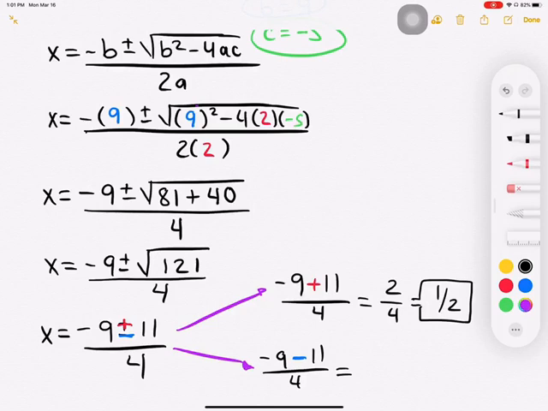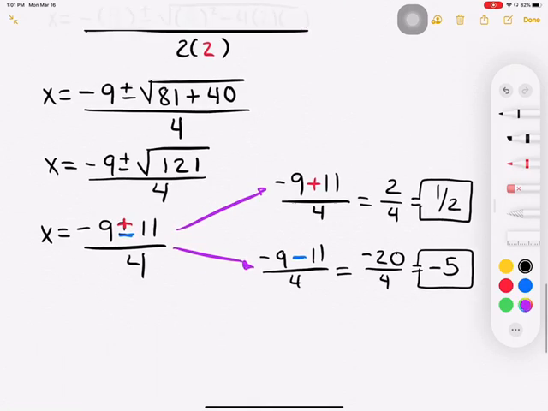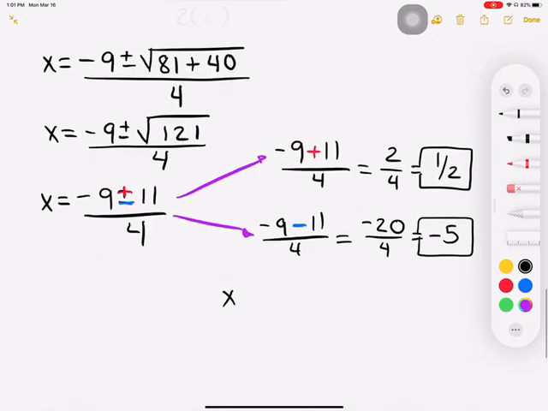For the one in the bottom, we have to do -9 minus 11, that's going to be -20 divided by 4, and negative divided by a positive, that's going to be negative, and 20 divided by 4, that's going to be 5. So it looks like my two solutions are going to be x equals 1/2 and x equals -5.